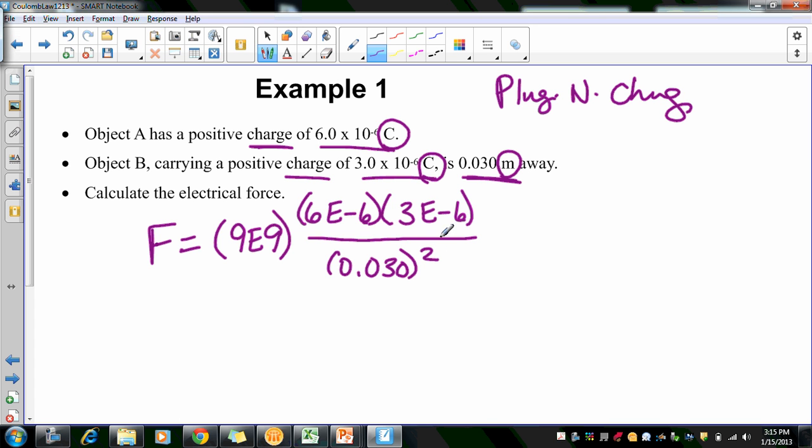Don't forget to square your distance. So if you literally put this in the calculator exactly like this, 9e9 times 6e negative 6 times 3e negative 6 divided by 0.03 squared, you will get 180 newtons. Force measured in newtons.